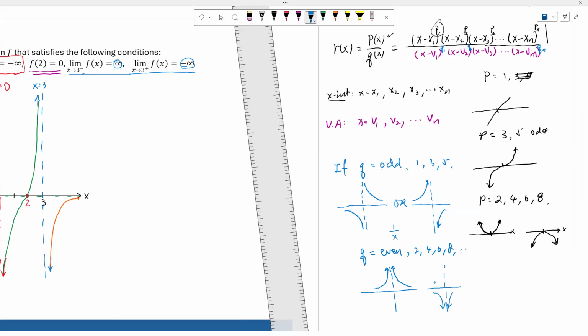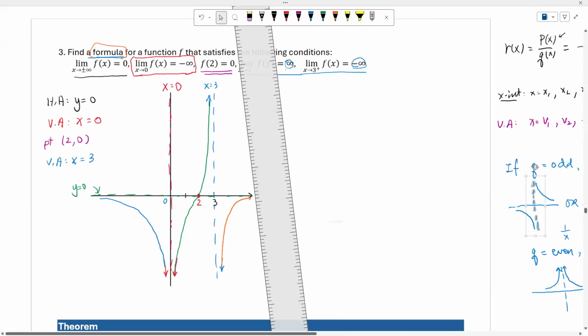When you see a situation like this, the power of each factor, which we call multiplicity, must be even. If they point to different directions, it must be odd.